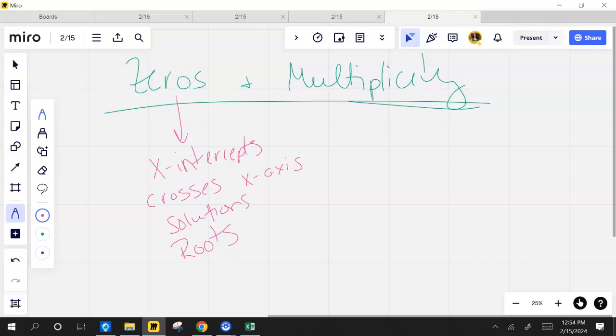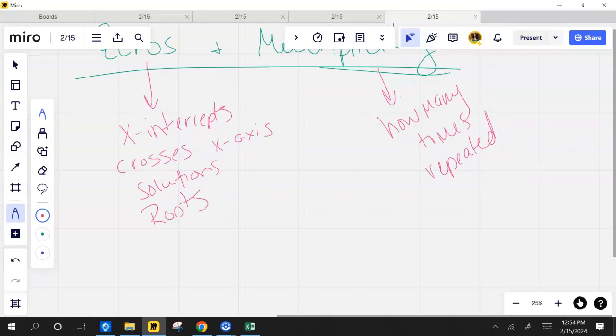All right, how about multiplicity? What does that mean? That's exactly right. How many times it's repeated? So what I mean by that is if you factor it down and you get something like this, that -2, because remember we set it equal to 0 and solve it, right?